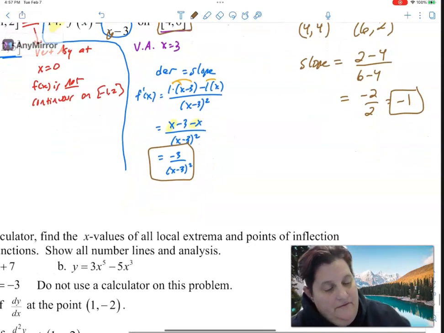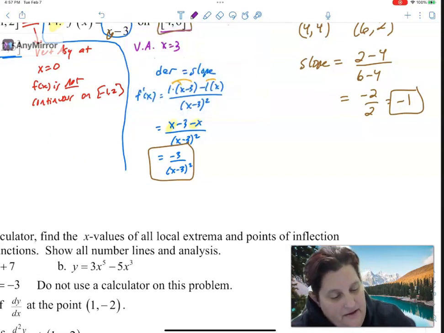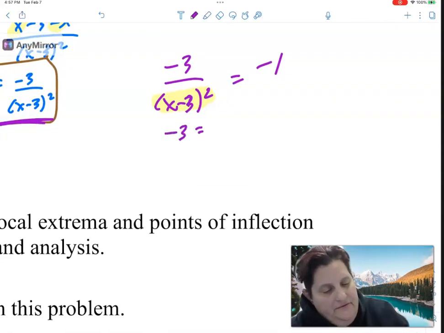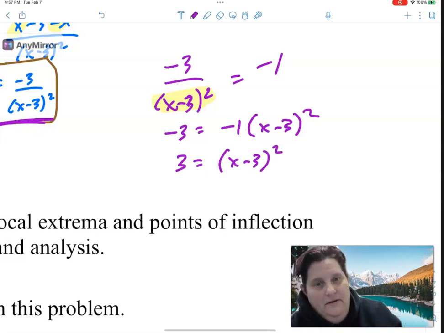Okay, so then for my last step, I want to set the derivative and the slope equal to each other and solve. I'm going to cross multiply, or basically just multiply it up on the other side. So I get negative 3 is negative 1 times x minus 3 squared. Divide that over, so that gives me 3 is x minus 3 squared.